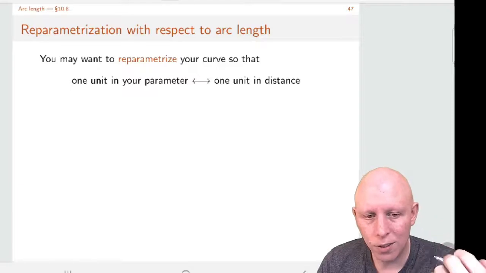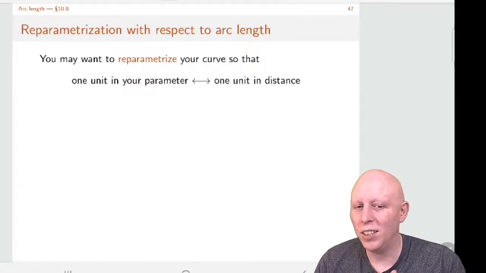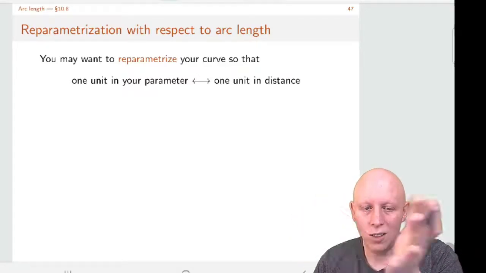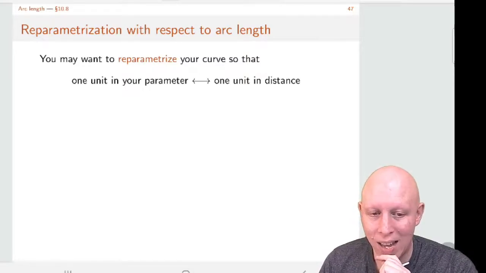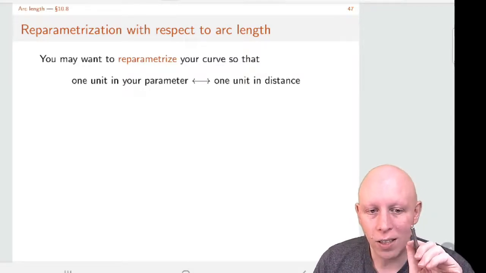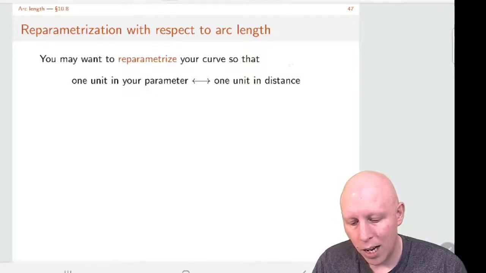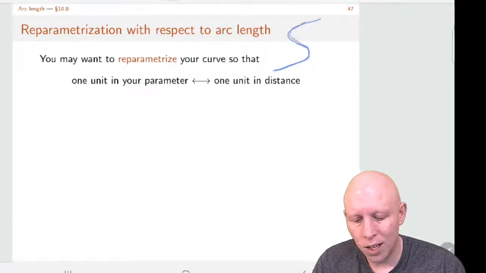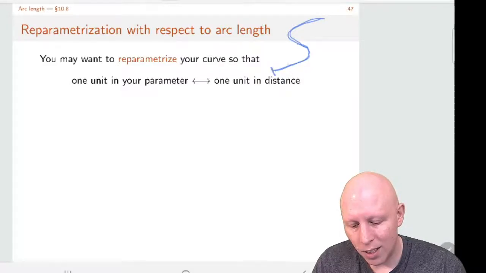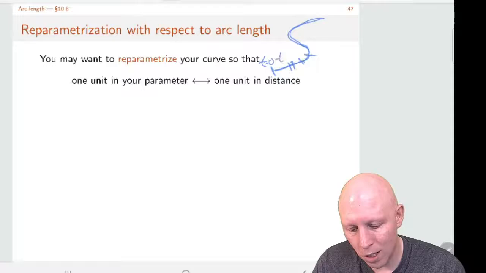As you're driving along a path, sometimes you're going fast and sometimes you're going slow. It might be nice if in our curve, as we're driving, instead of saying that this curve we're visiting here, this is t equals 0, t equals 1, maybe we stop for a little bit, this is t equals 2, t equals 3.